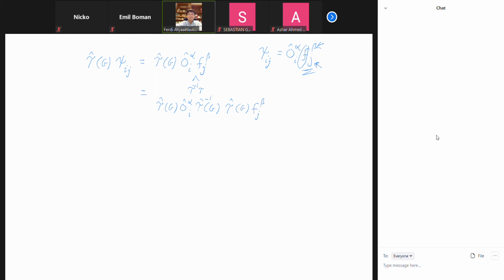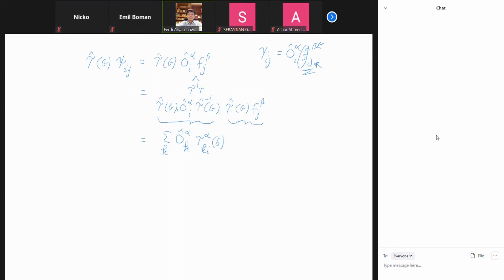So according to our definition, this is a set of irreducible operators. So that becomes a sum over k. It transforms according to the representation of R. That's a linear combination of the other operators in the same irreducible set.